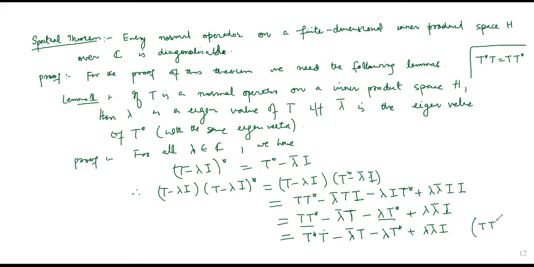So T T star is equal to T star T, जो ना मैंने यहाँ लिखा है. Then I can take T star out of these two, but it is the same thing as T star into T minus lambda I, क्योंकि मैं इसको I से मल्टीप्लाई करूँगा तो कोई फर्क पड़ेगा नहीं.